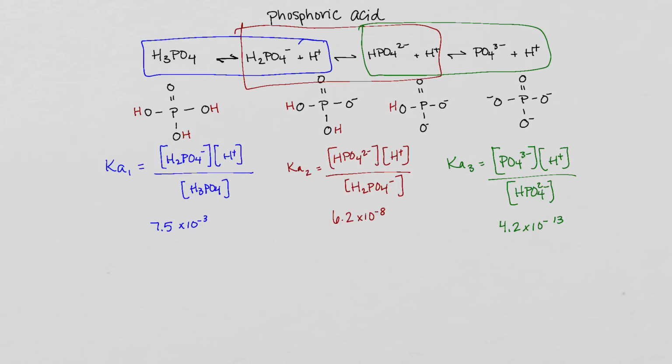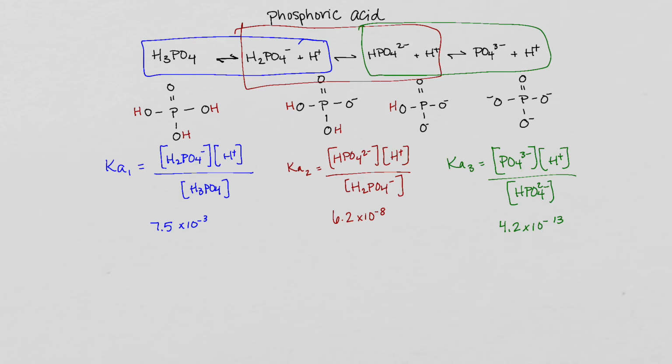So here are the 3 equilibrium expressions for the protons in phosphoric acid. And you can see that they are all fairly different. This one, 7.5 times 10 to the minus 3rd, compared to 6.2 times 10 to the minus 8th.